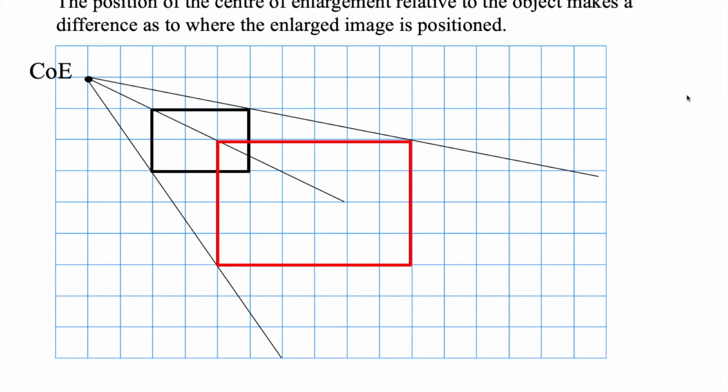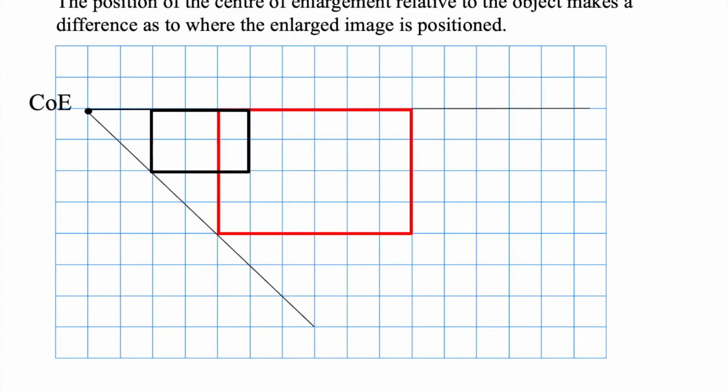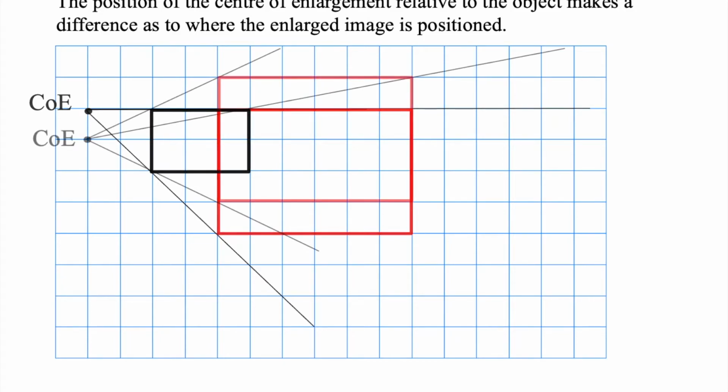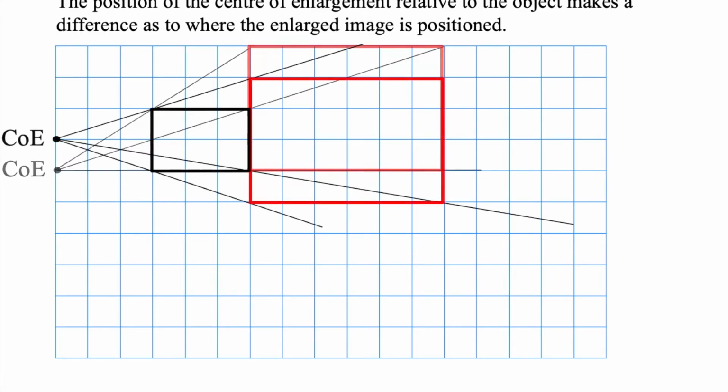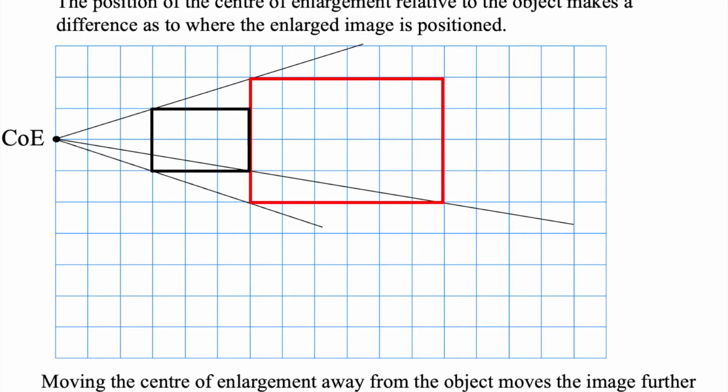Then if you move your center of enlargement lower, it pushes the new image up, and it keeps doing that. You can test this out by drawing the construction lines from the center of enlargement of these images just to test it out, but it should be straightforward. So that's all it does.